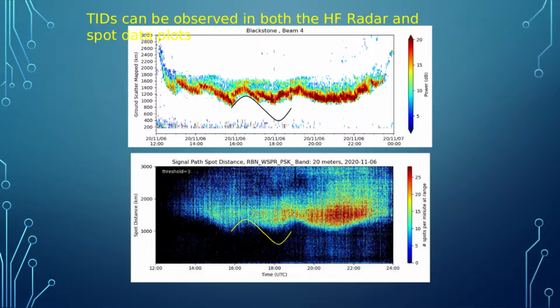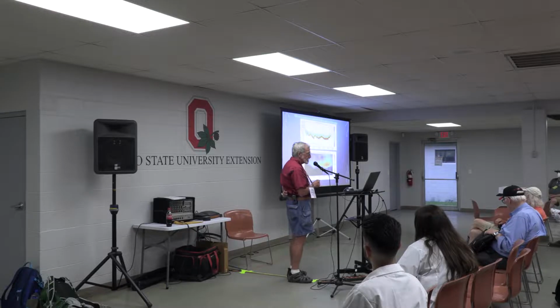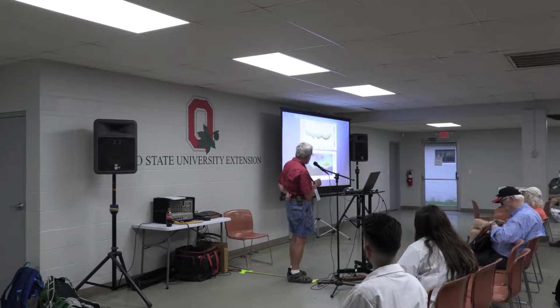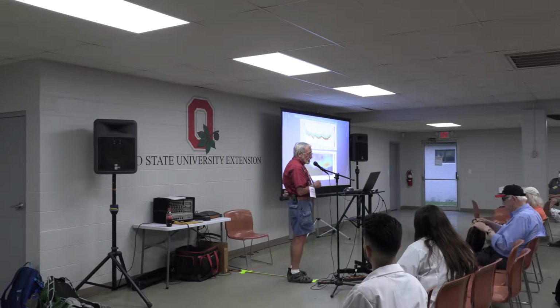And on this scale, the higher it is towards the red, the more spots have been detected at that range during that time frame. So each pixel's color shows you how many signals we're making through it at that range on 20 meters. This is combined RBN, Whisper, and PSK, but I can tell you from having looked at the data, 90 to 95% of this data is coming from PSK.